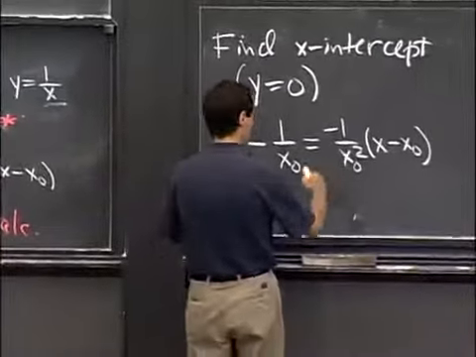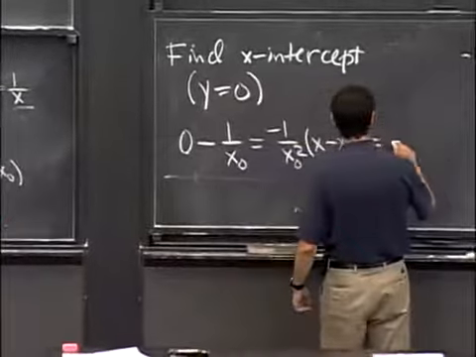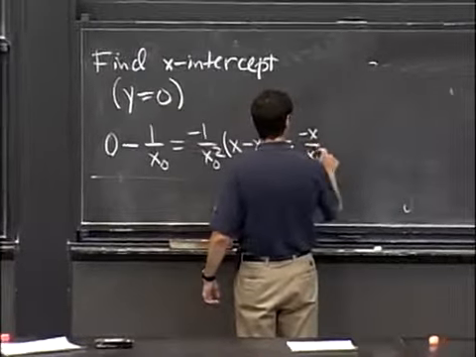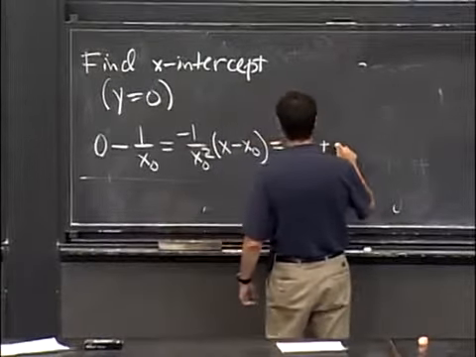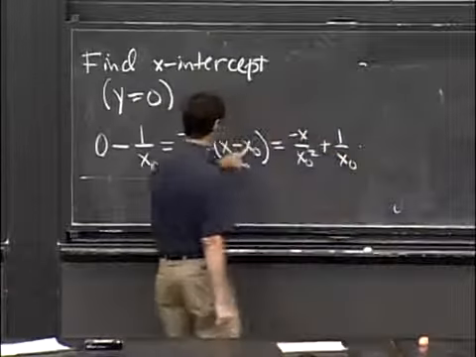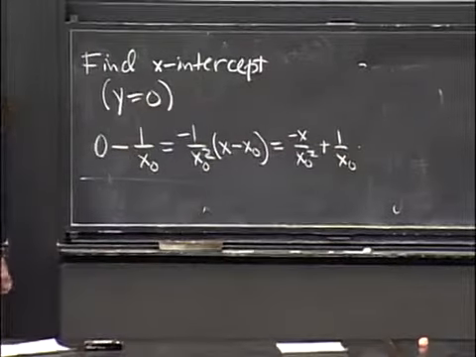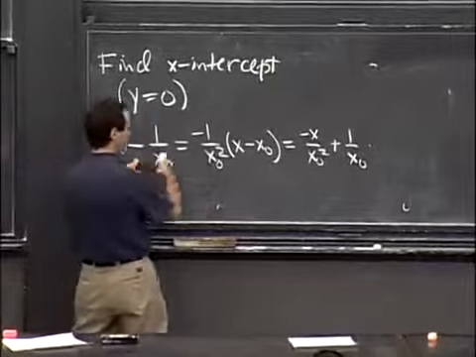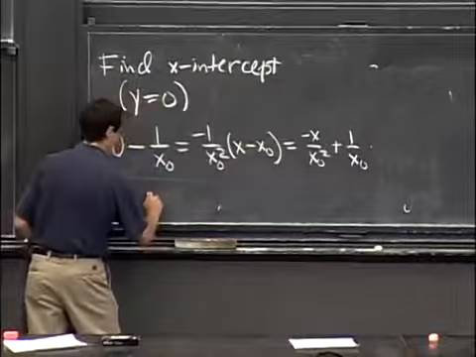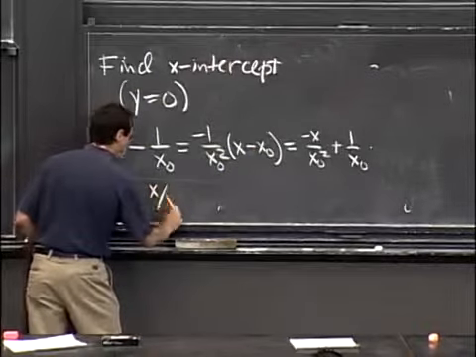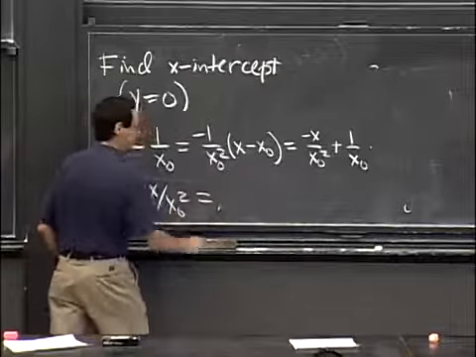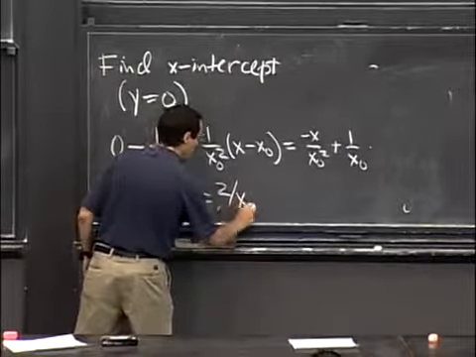Let's see, this is minus x over x0 squared, and this is plus 1 over x0, because the x0 and x0 squared cancel somewhat. And so if I put this on the other side, I get x divided by x0 squared is equal to 2 over x0.